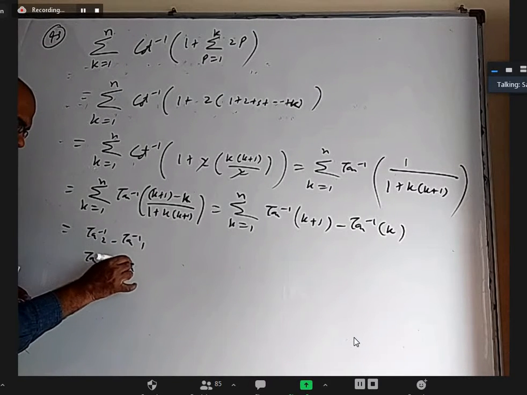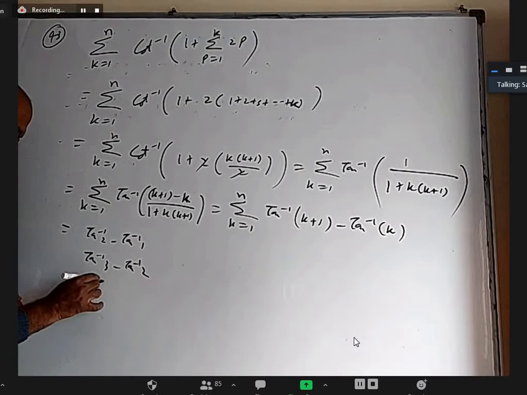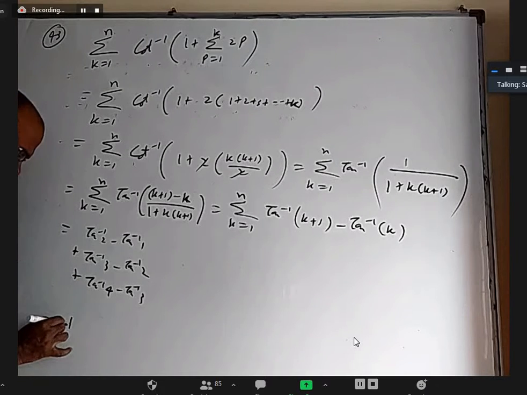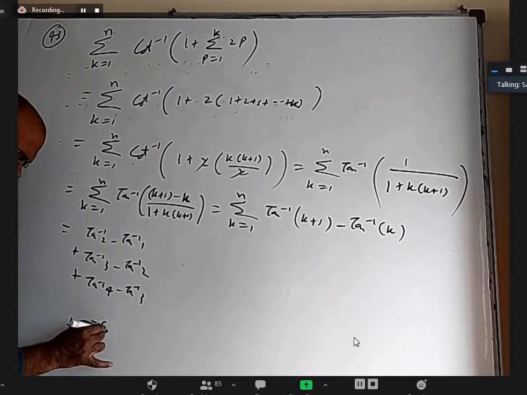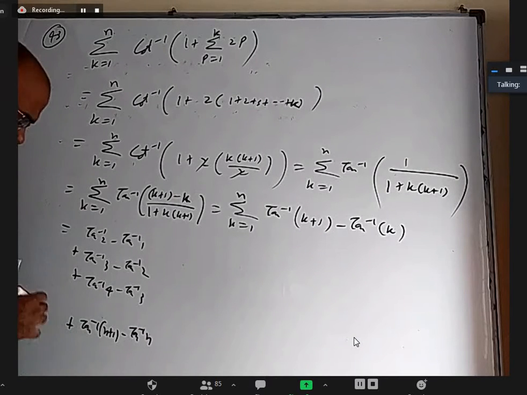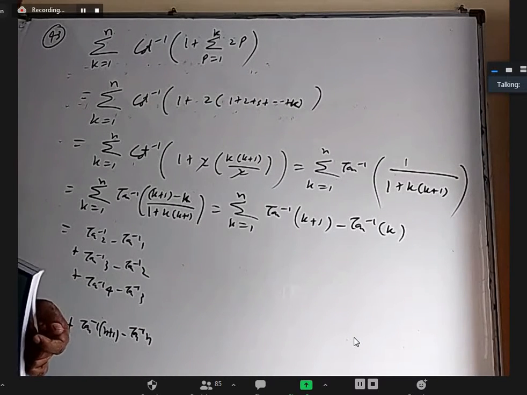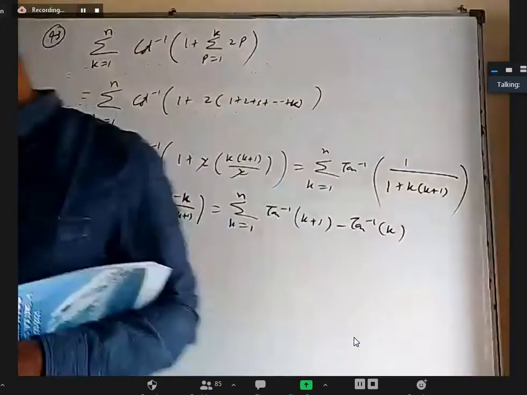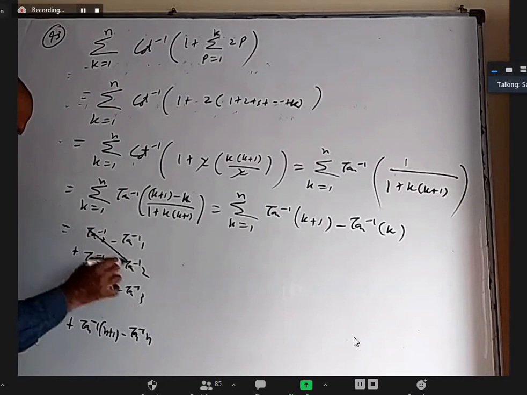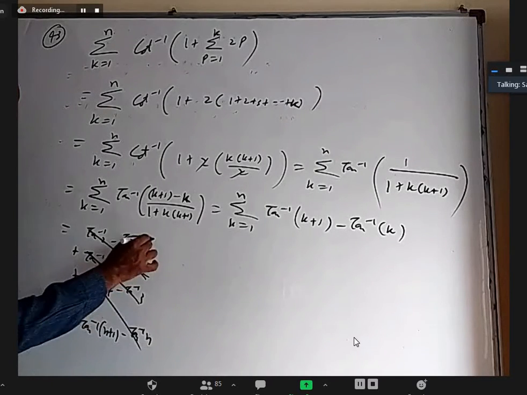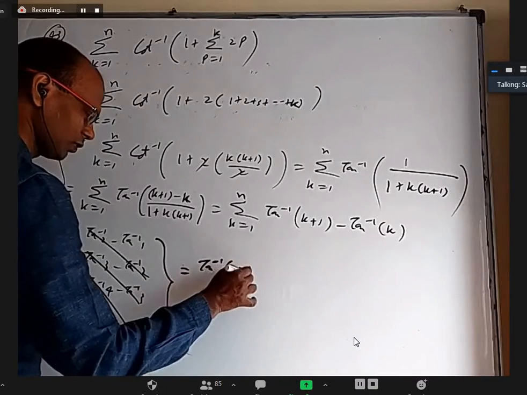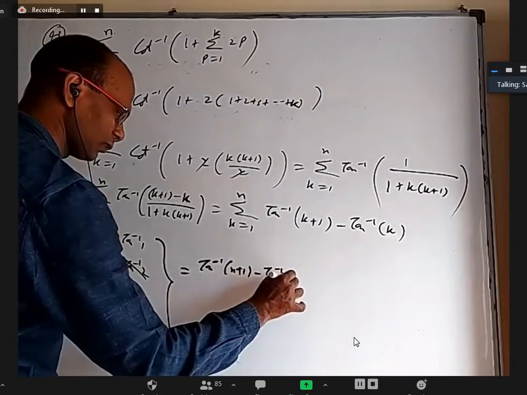Later on tan inverse 3 minus tan inverse 2. Later on tan inverse 4 minus tan inverse 3. In the last, tan inverse (n plus 1) minus tan inverse n. All these will cancel and we will be left with tan inverse (n plus 1) minus tan inverse 1.